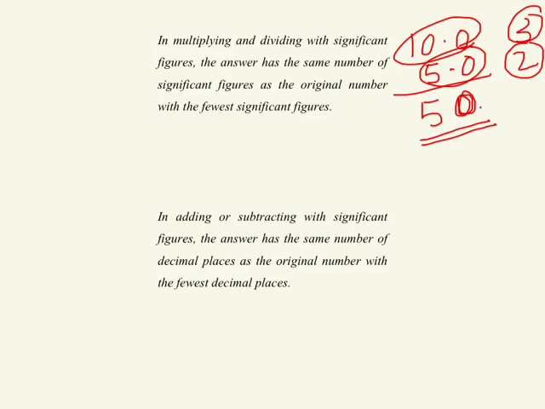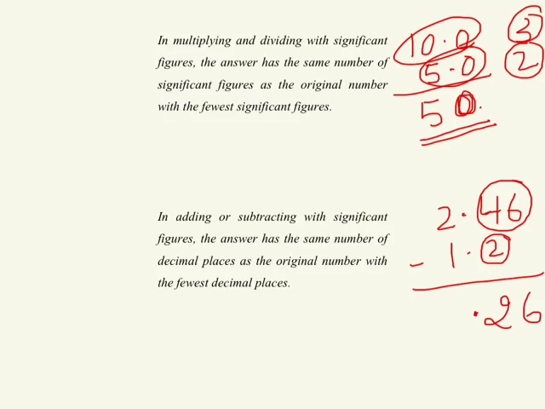In adding or subtracting, what we do, let's say 2.46 minus 1.2. You look at the digits after the decimal. There are 2 numbers after the decimal here. There is 1 number after the decimal here. So when you subtract, you're going to have only 1 number after the decimal. So the answer will be 1.3.